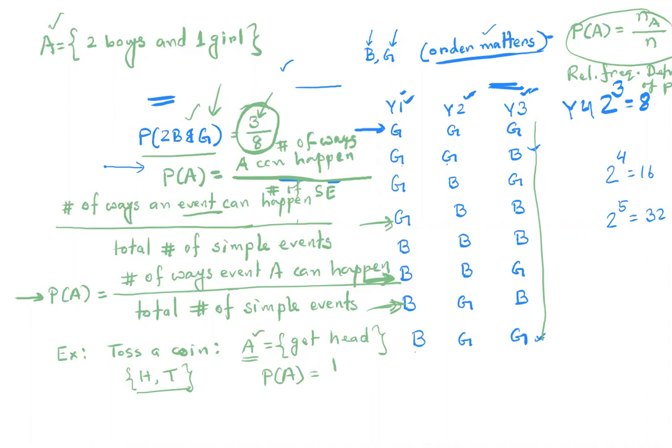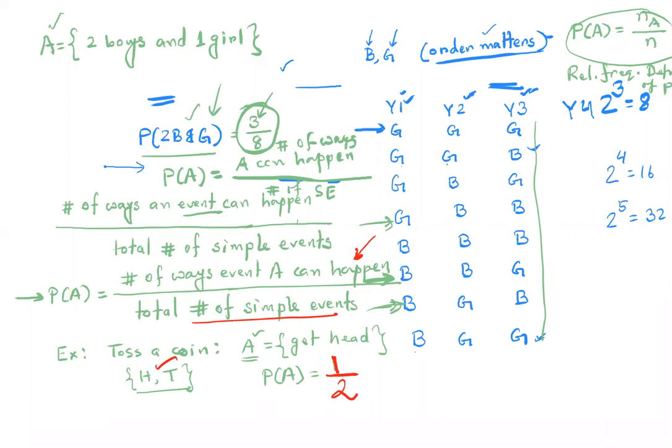So your probability of getting a head, or probability of event A, is going to be number of ways the event A can happen, which is 1, divided by the total number of simple events, which is 2. So do you see the probability of getting a head is half or 50%.